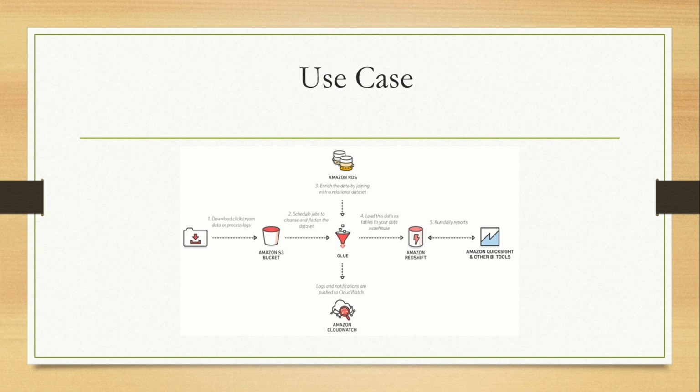It can also read data from the RDS, which is already available, and make joins between the data from the clickstreams and the data already available in the RDS. And whatever logs are generated can be visible in Amazon CloudWatch. Then after the data massaging, the data is loaded into Amazon Redshift or any other service, and on top of that you can make BI reports using Amazon QuickSight.